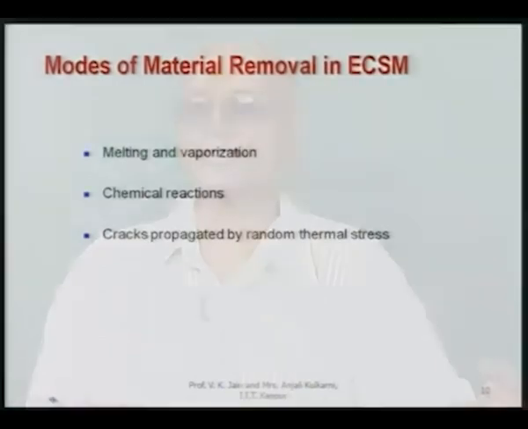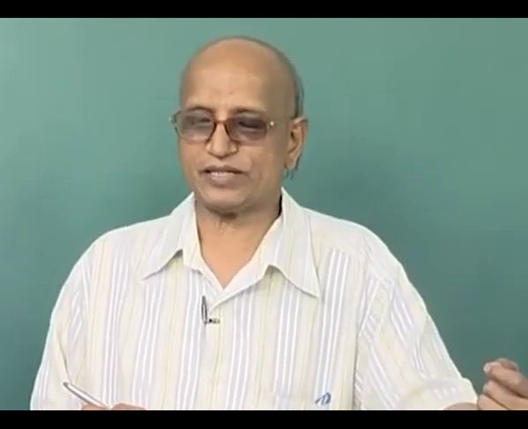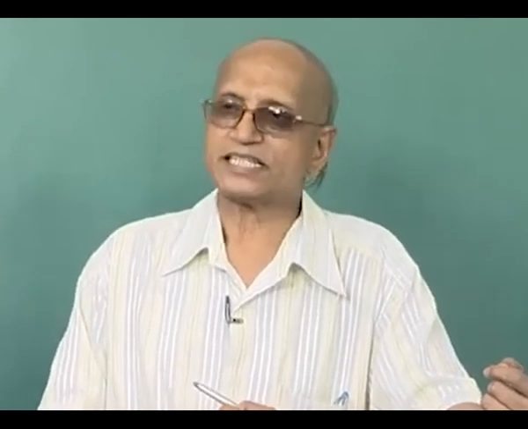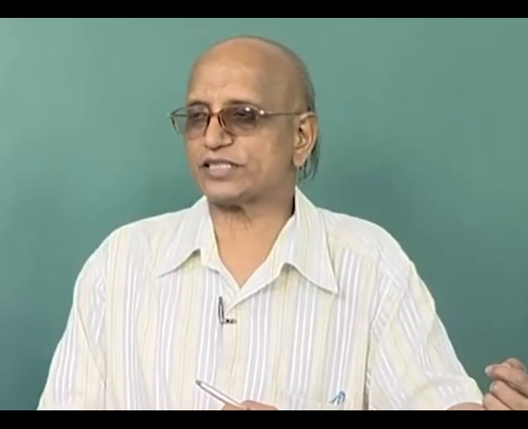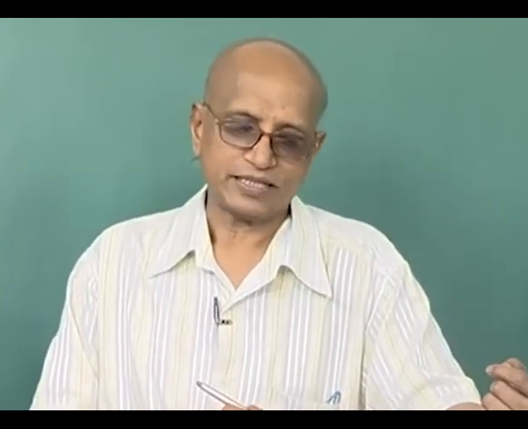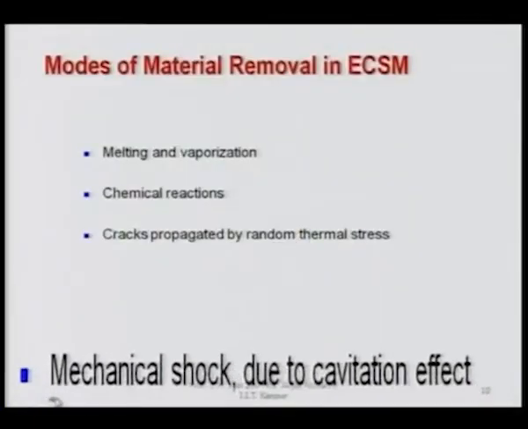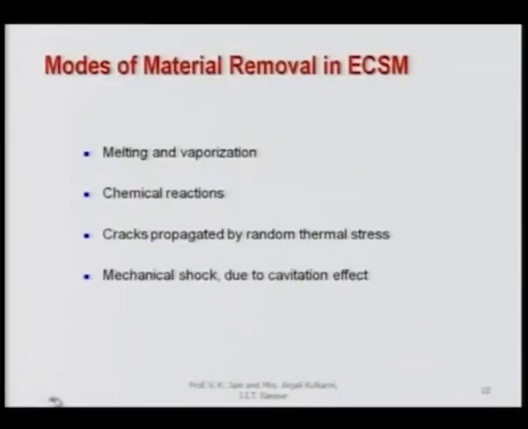So, there is a very high temperature gradient, and because of this, thermal cracks are produced in the machined workpiece, and that leads to defects if proper machining conditions are not set. Then mechanical shock due to the cavitation effect is there, and this may also lead to some removal of material from the workpiece.